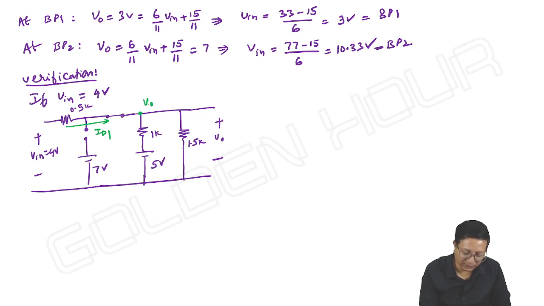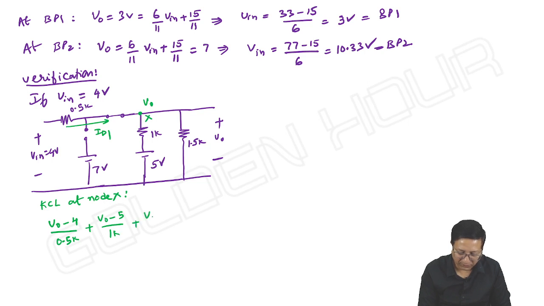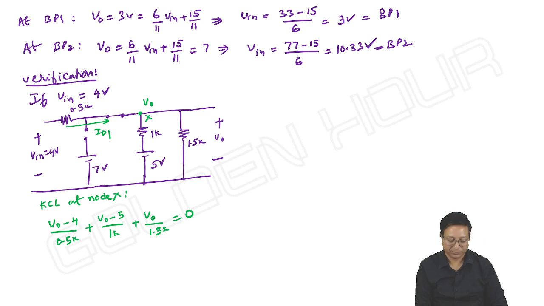Let us take this as output and node X, KCL at node X. V output minus V input is 4 by 0.5K, plus V output minus 5 by 1K, plus V output by 1.5K is equal to 0.